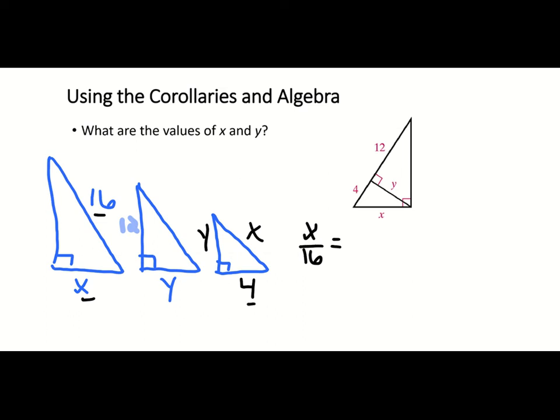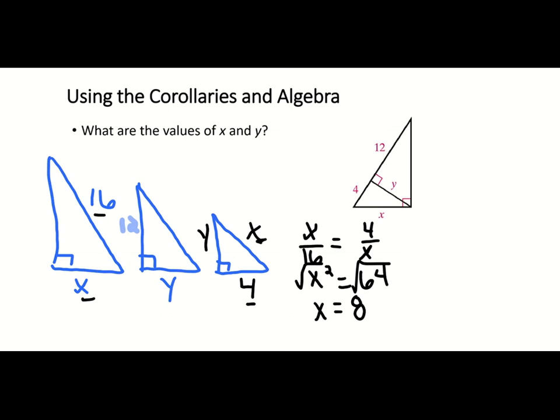We have short leg over hypotenuse. So it's going to be 4 over x. Again, if you look at this, we have those x's catty-corner to each other, which gives us our geometric mean. We multiply, we get x squared equals 64. Take the square root of both sides. So x is going to equal 8 for this first one.